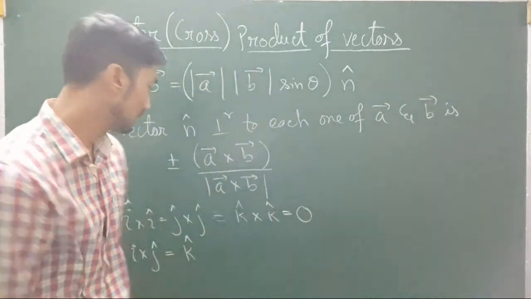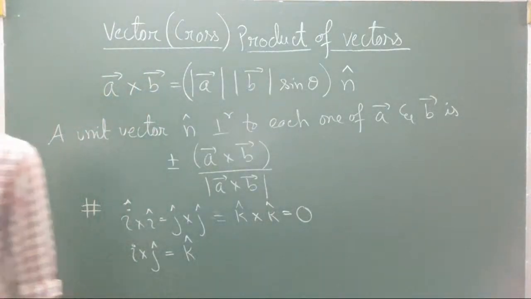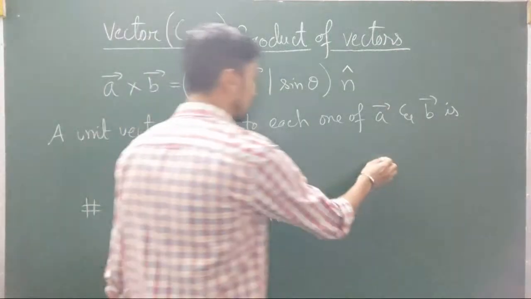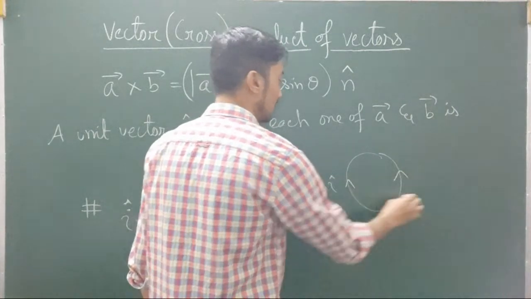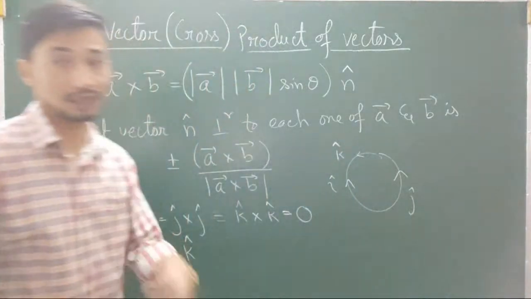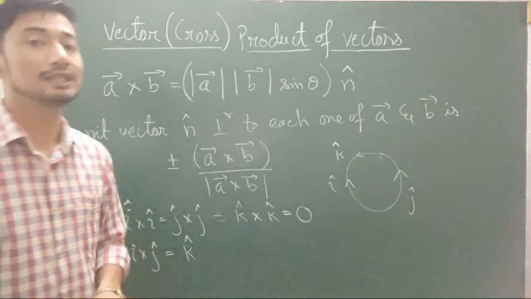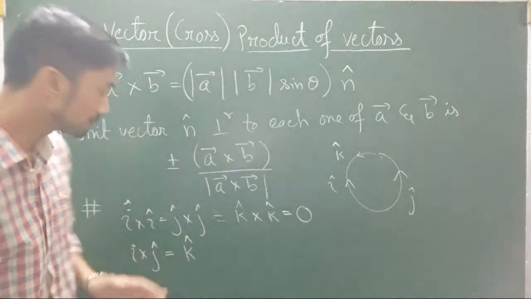That's why i cross j is k cap, the unit vector k. Likewise, we follow the anti-clockwise system, that is i, j, k. I've already discussed this in the concept video, so that's why I always say it is very important.